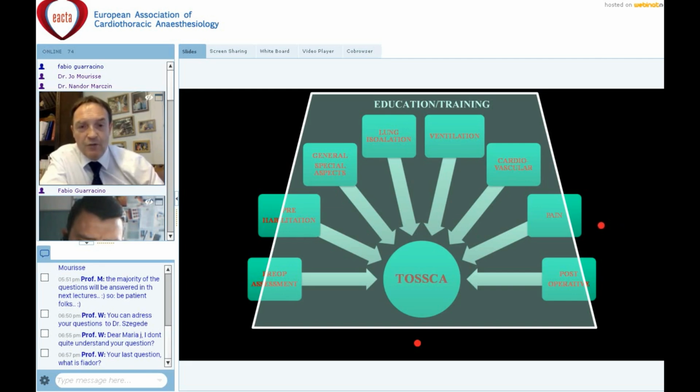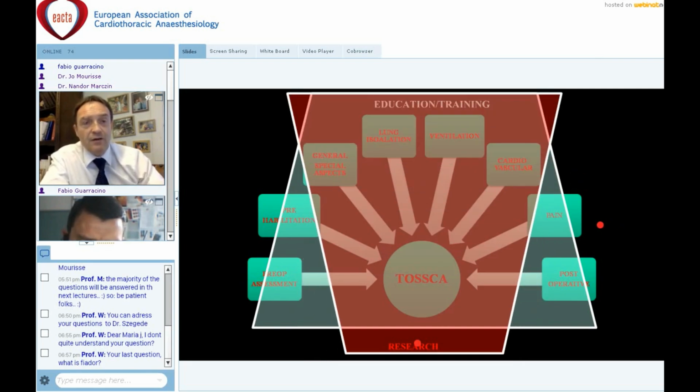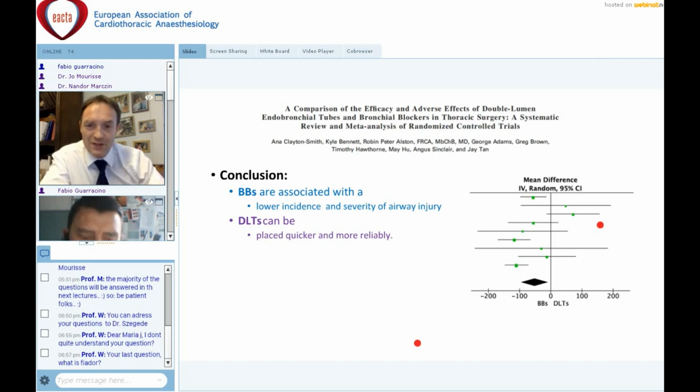And this brings me to my last slide about research priorities. I do not want to preempt the TOSCA procedure. Hence, I refer to the meta-analysis by the Edinburgh group, which was referred to in many of the previous presentations. They concluded that the available randomized controlled trials have some suggestion of benefits of bronchial blockers, and that the double lumen tubes can be placed quicker and more reliably.